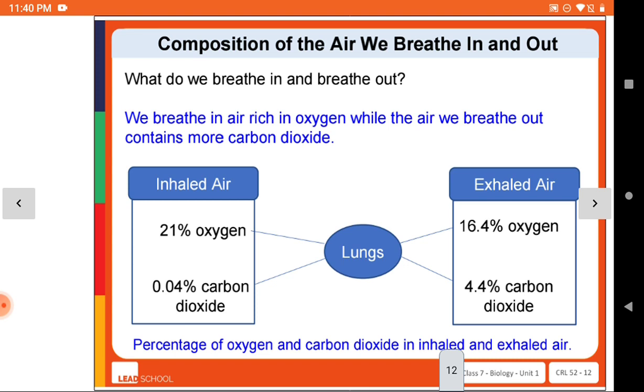The center one is the lungs. We inhale 21% oxygen and 0.04% carbon dioxide into our body and lungs. After inhaling, when we exhale, oxygen is 16.4% and carbon dioxide increases from 0.04% to 4.4%.